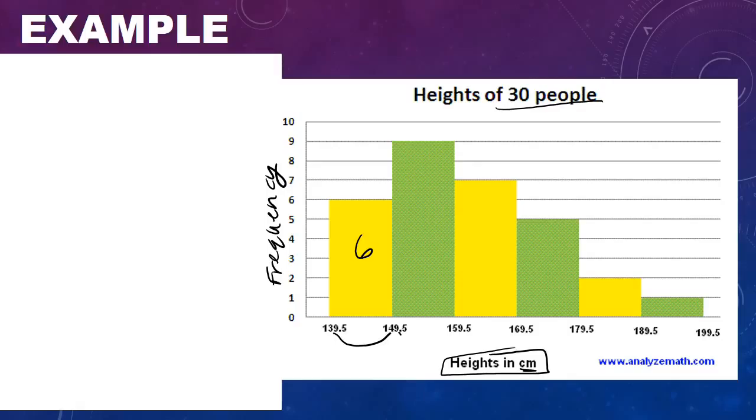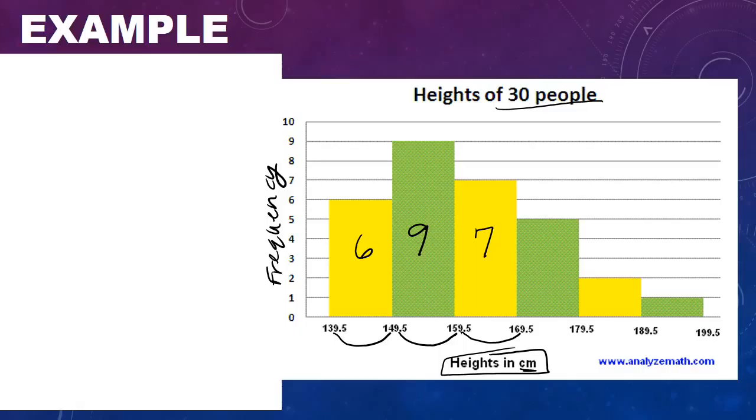Between 149.5 to 159.5, there are 9 people that are within that range. From 159.5 to 169.5, there are 7 people that are somewhere in between those heights in centimeters, and so on and so forth.